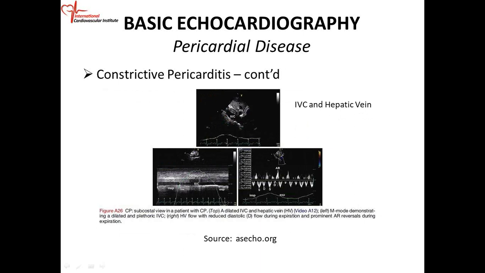You need nothing more. Remember that with your hepatic vein flow, you're going to get a systolic component, diastolic component, atrial reversal, systolic component, diastolic component, atrial reversal. But in expiration, your atrial reversal flow is going to be exaggerated, increased.